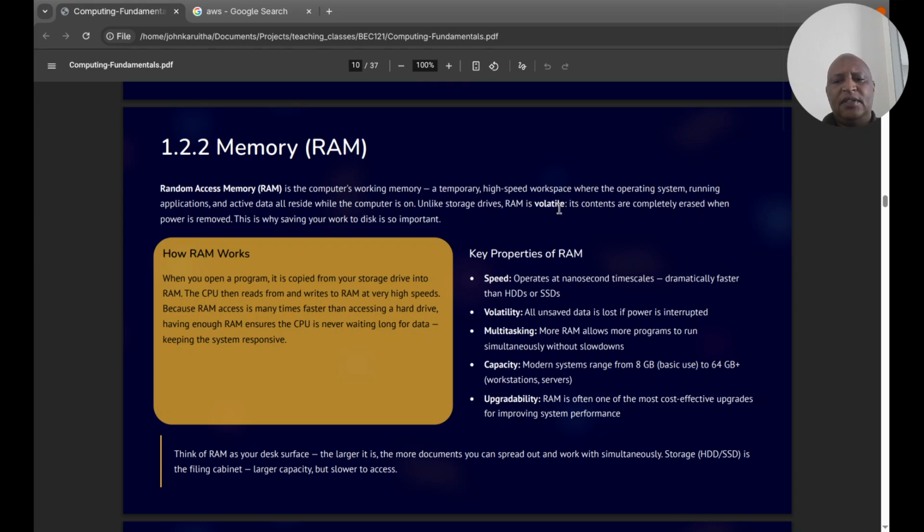So the RAM is where the operating system runs, any application you open is running through the RAM, and all data that you are working on is going to reside there so that you can work on them concurrently. Now, once you close your computer, everything in the RAM is erased.